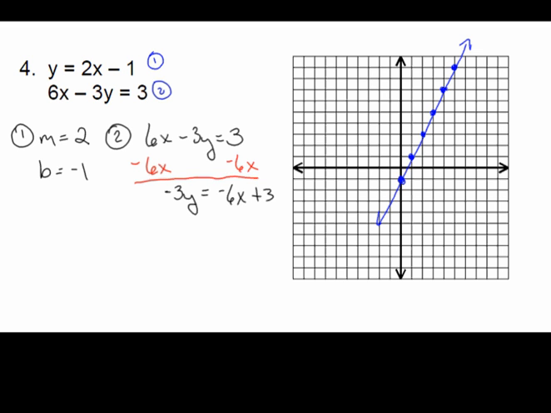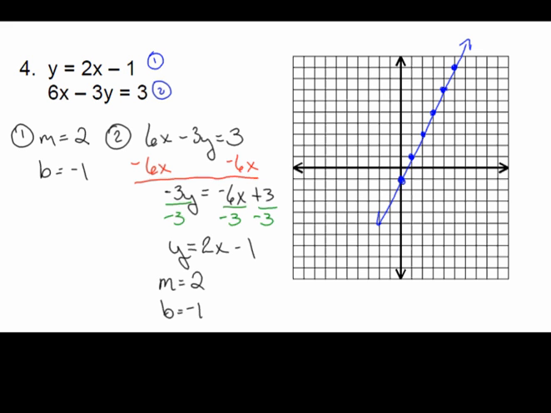I now have to divide everything by negative 3. Y equals 2x minus 1. My slope is 2. The y-intercept is negative 1.